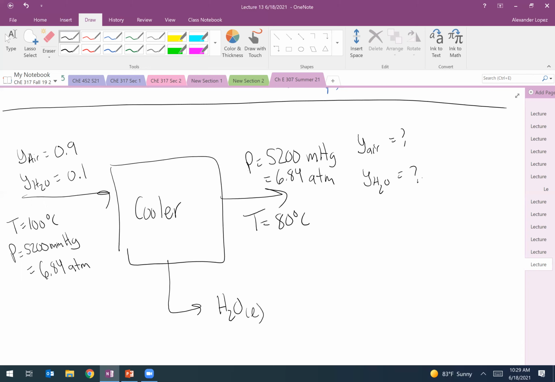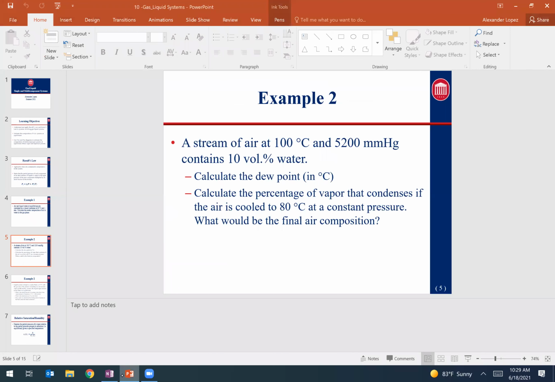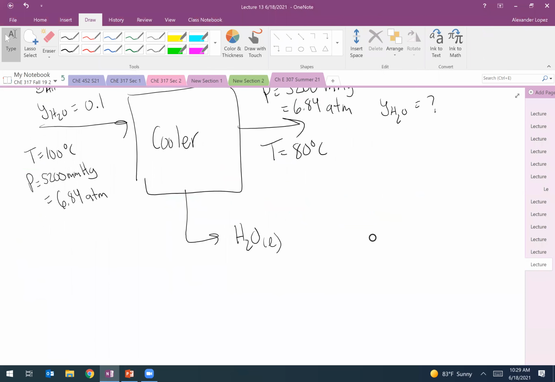Well, how do I find the dew point? That's the first question it asks. Calculate the dew point in degrees Celsius. Well, I stated earlier that when we're looking at the dew point, y sub i P equals P sub i star, when the temperature is the dew point. So I know y sub i, I know P, from what's given in the problem statement.